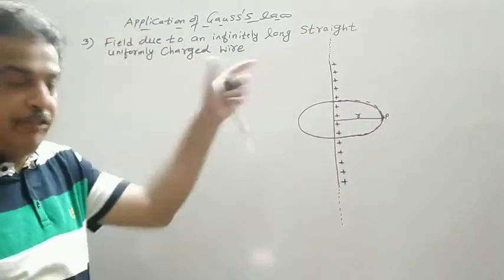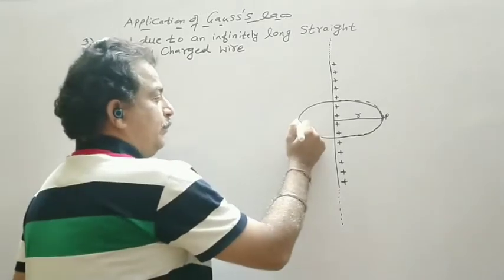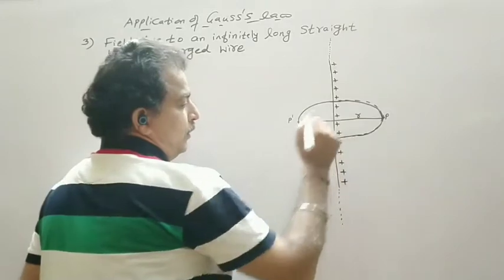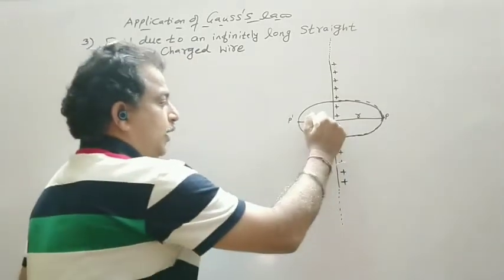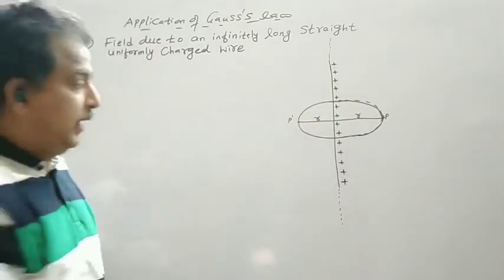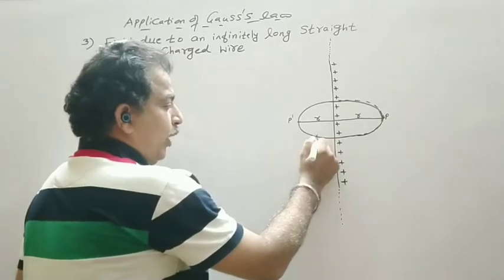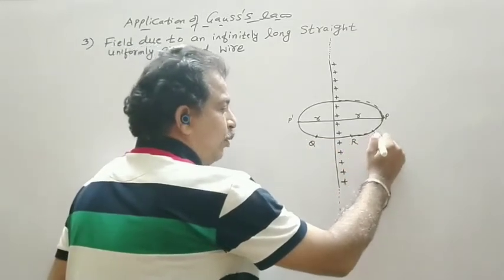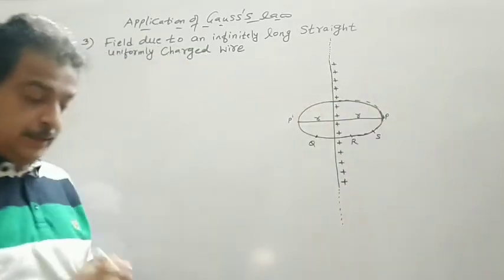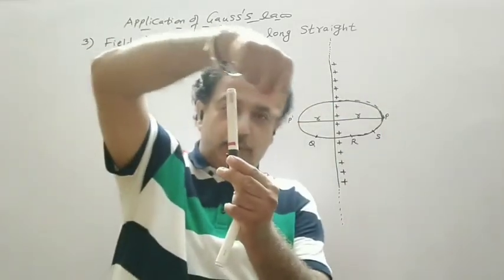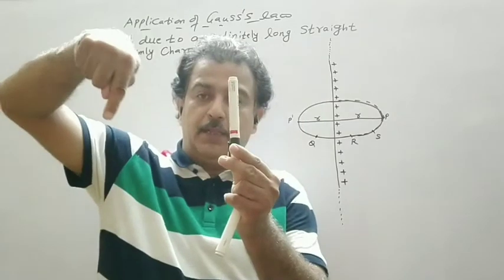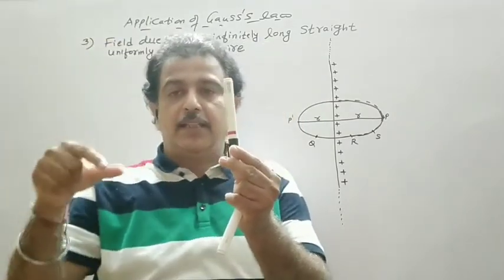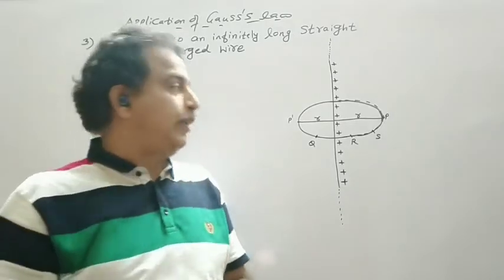If I take different points, say point P dash, then also the distance will be R. If I take a point Q, point R, point S, any point, because when we rotate around it, it becomes a circle and R is a radial vector or a radius vector.